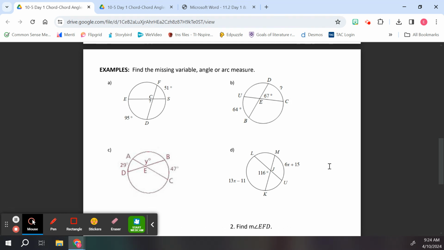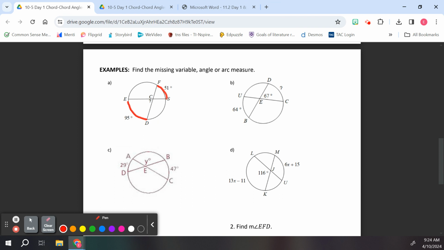All right, so these 4 examples represent the different ways and different angles you're going to find them. Part 1 is just a straight application. So we have the 2 arcs. We have the arc here. We have the arc here.